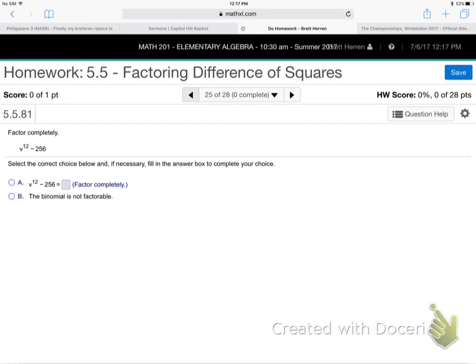All right. So V to the 12th minus 256. Anything in common? GCF? No. Of course not, huh?